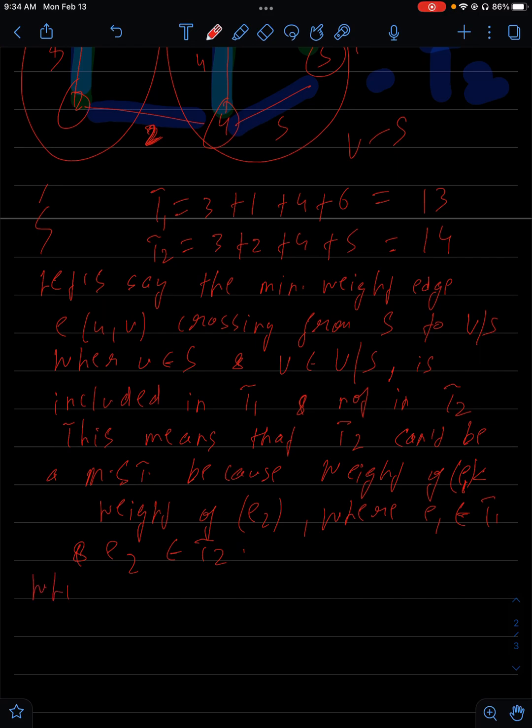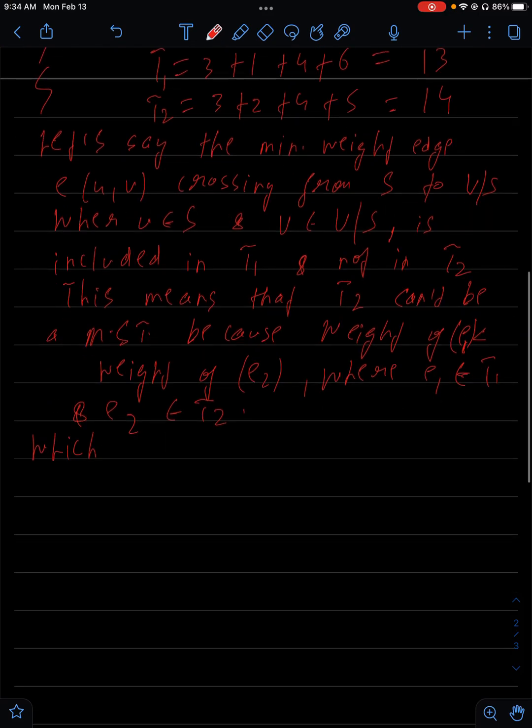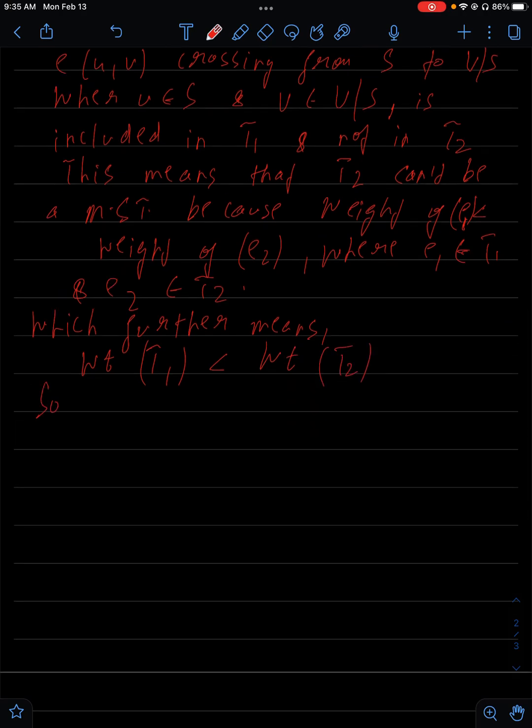Which further means the weight of T1 is less than the weight of T2, so T2 is not an MST, but T1 is.